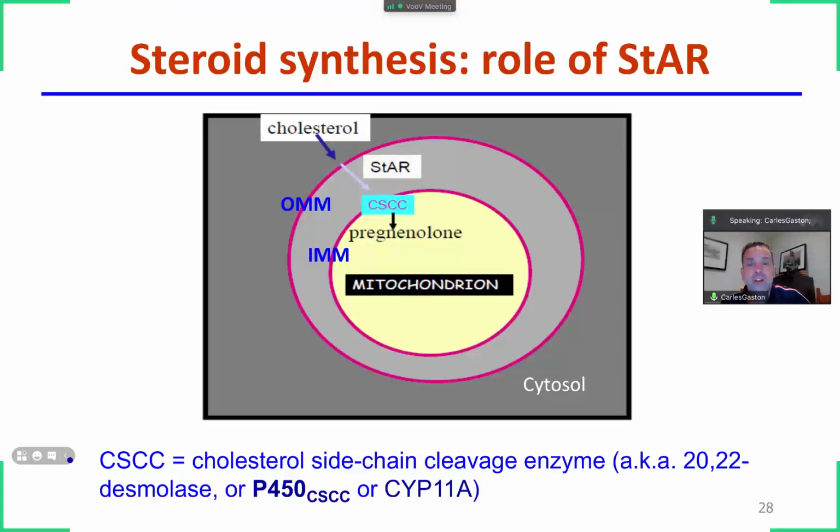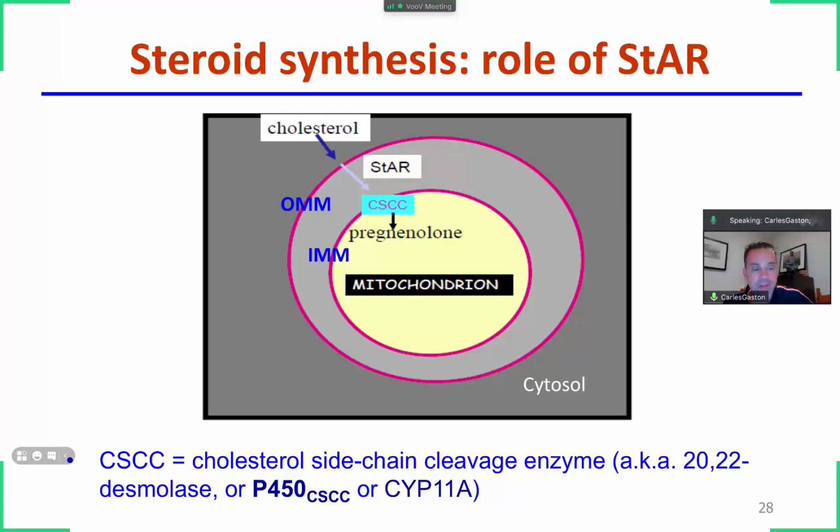It goes into the inner mitochondrial layer to the cholesterol side chain cleavage enzyme, aka 20,22 desmolase. Here the cholesterol will become pregnenolone, and this is the substrate for all the subsequent modifications of the different steroid hormones which we will study, right?